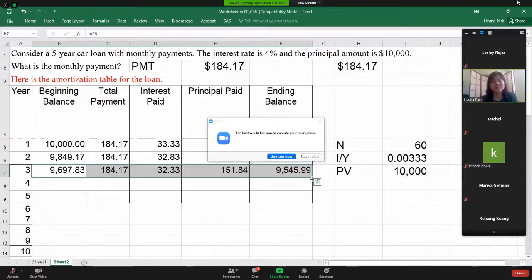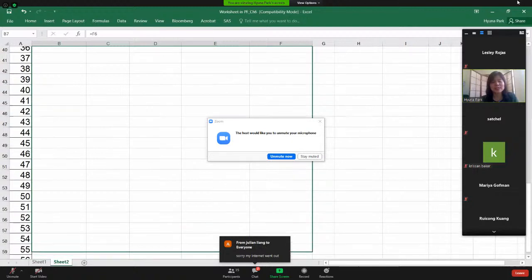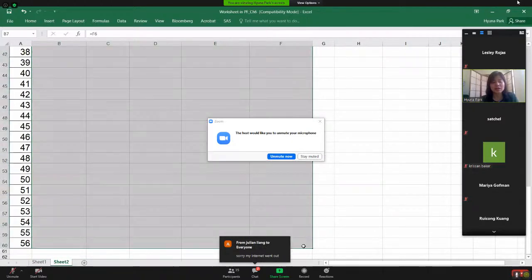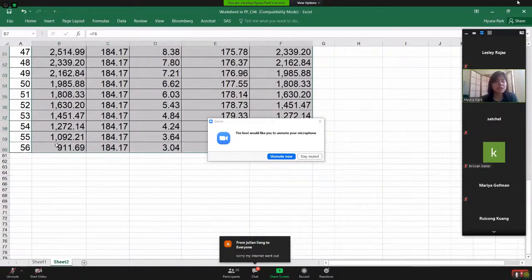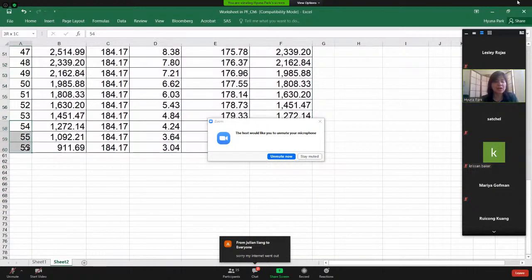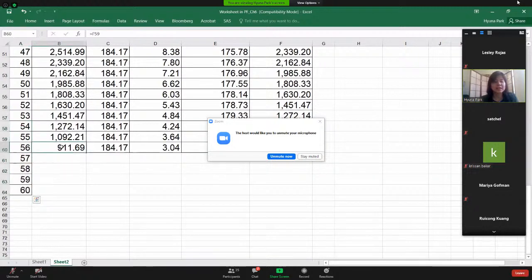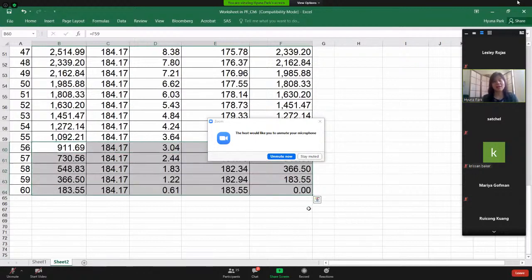This is a convenient feature of Excel. And then we should keep going, all the way up to 60. So just copy this. We must keep going. You see, beautifully, at the end of the 60 months, we are done.